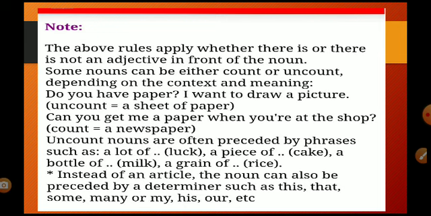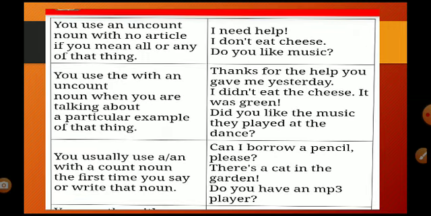Instead of an article, the noun can also be preceded by a determiner, such as this, that, some, many, or my, his, our, etc. So I have made a table for you with rules and examples. It will make things more clear.